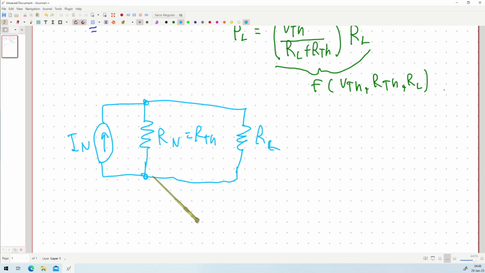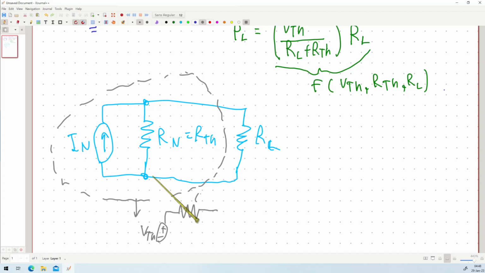We can transform this portion into like determinants 1 over RTH.